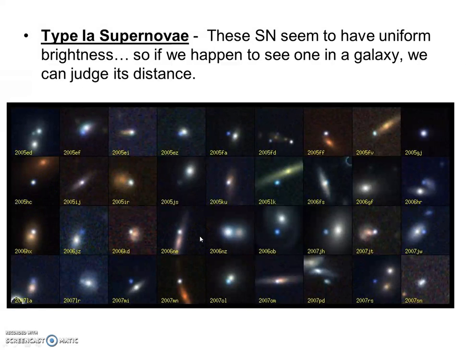However, we now have robot telescopes that can be programmed to look at thousands of galaxies per night, compare their images to the night before or the night before that, and if we see a spot that wasn't there before, it flags that one and tells the humans, take a look at this, guys. It might be a supernova. And supernova curves for 1a supernovas are very, very well known. They're very uniform, and so that helps us get the distances to really, really far away galaxies.